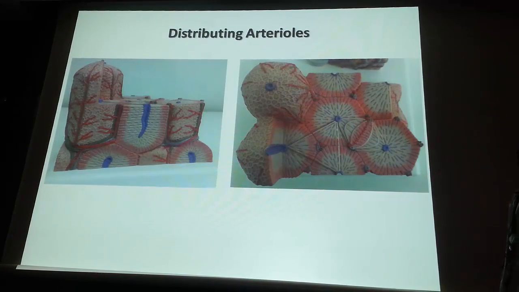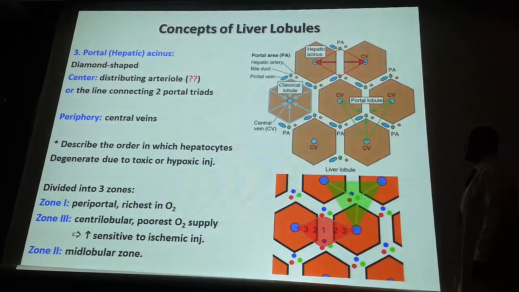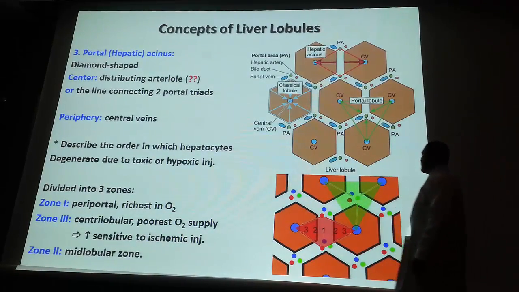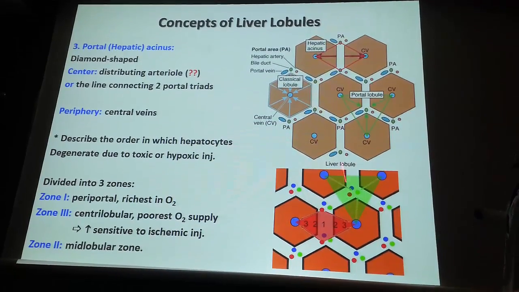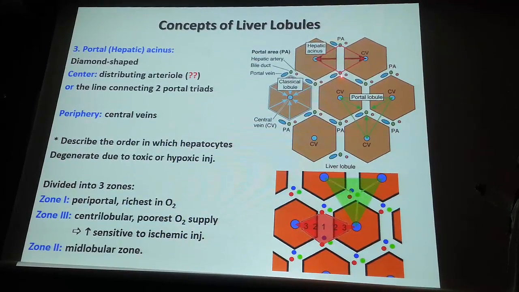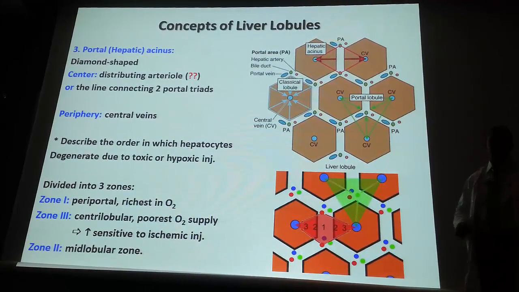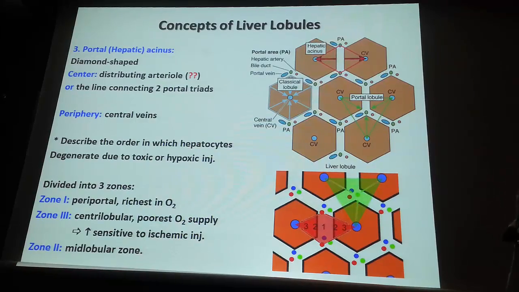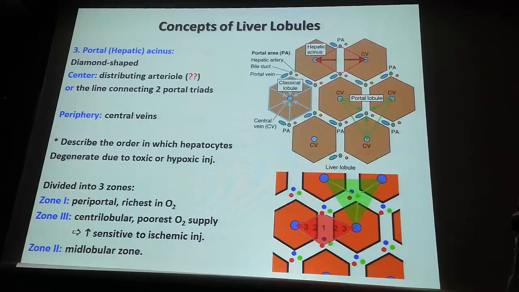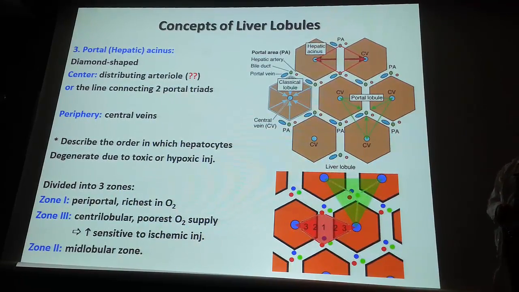So what they did, they drew an imaginary lobule, as you see here, related to the oxygenation of the cells. It's diamond in shape, and they call it the hepatic acinus or the portal acinus. Why the word acinus exactly? Do you remember I told you in the previous lecture?